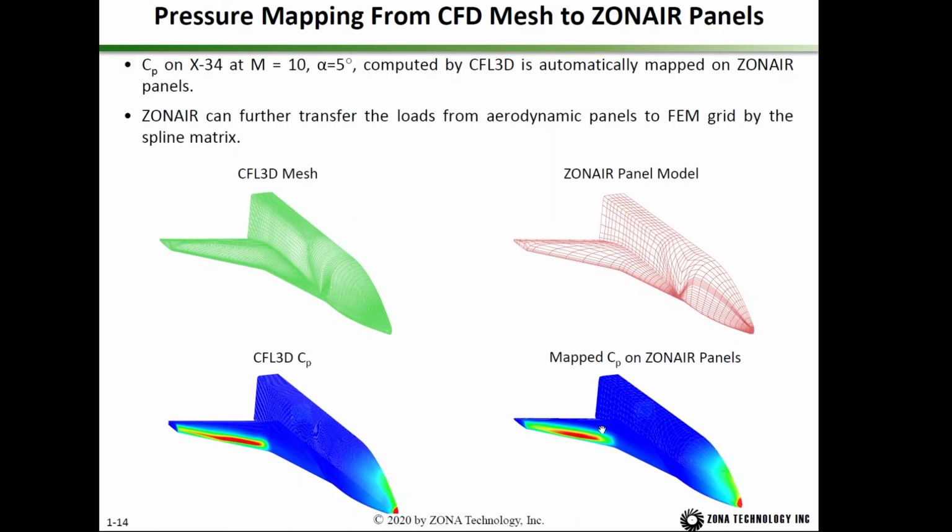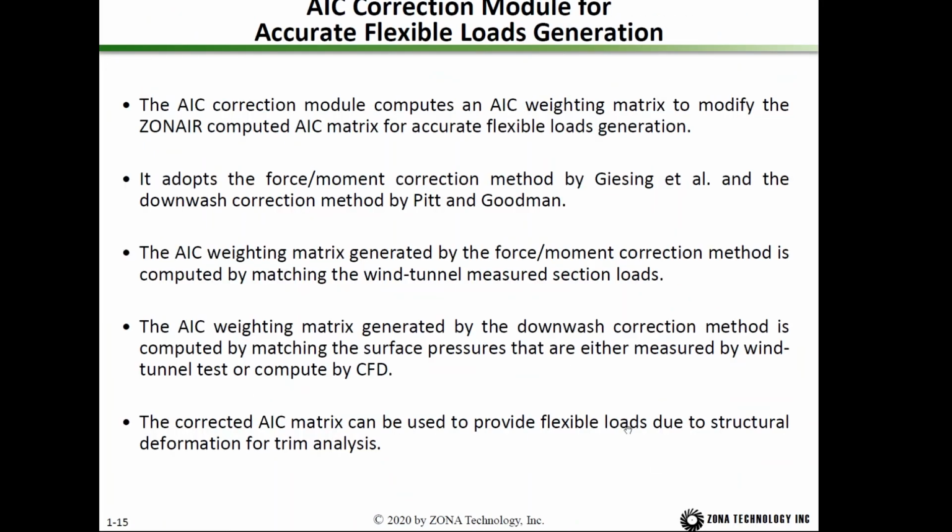Then it can map onto the ZONAIR model, and ZONAIR can flexibilize this rigid CP to obtain the flexible load. And it has an AIC correction module, which computes an AIC weighting matrix to modify the ZONAIR computed AIC for accurate flexible loads analysis.